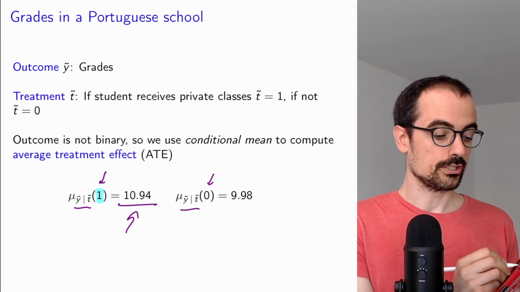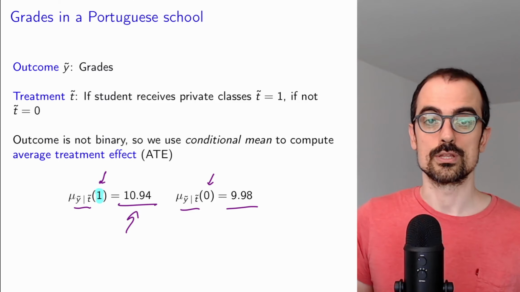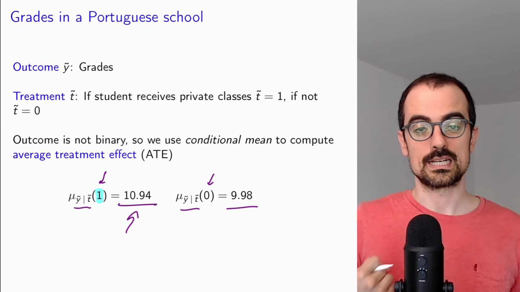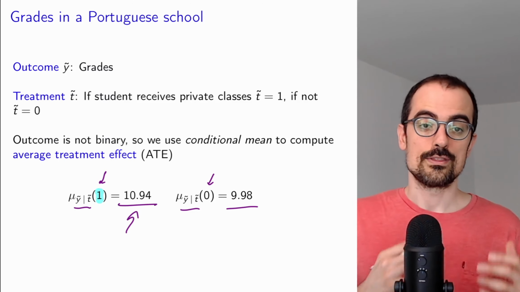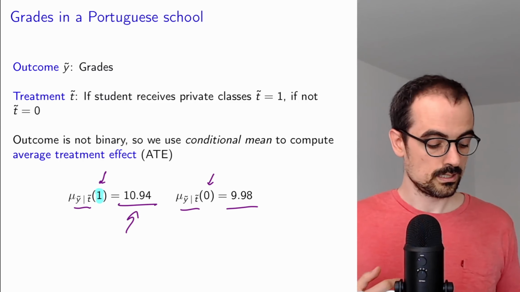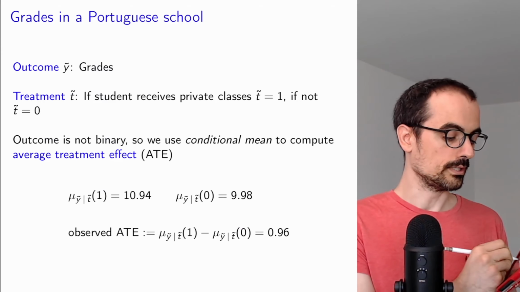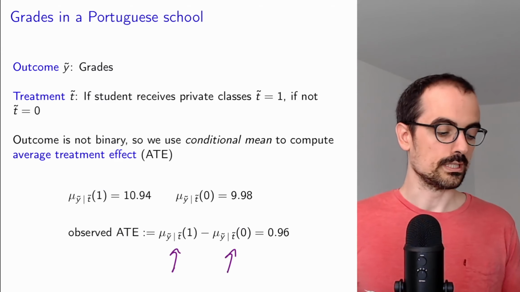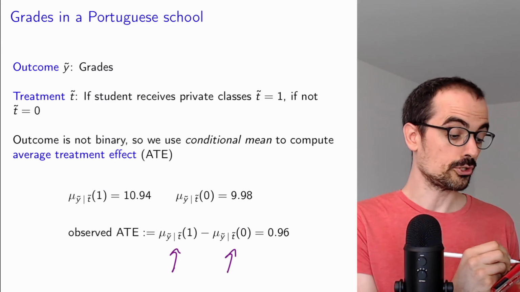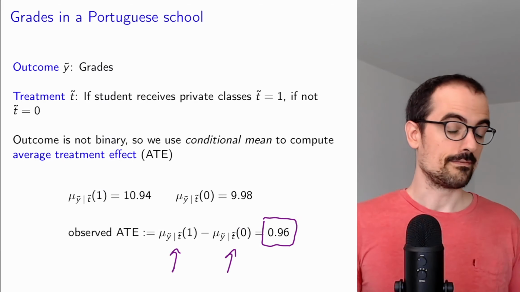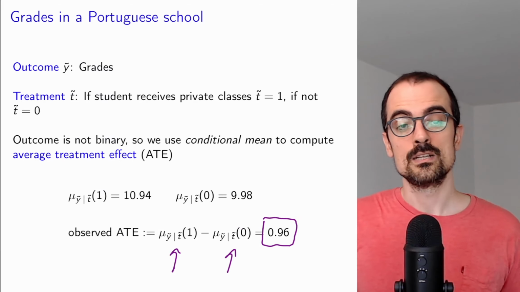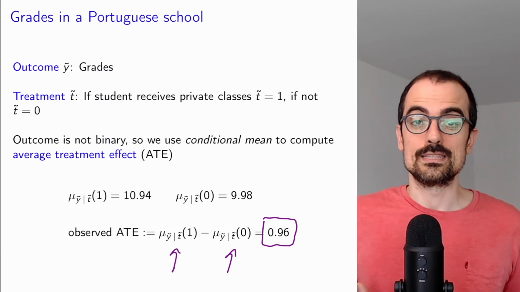When we condition on 0, that's the average grade for the people that did not receive private classes, and it's 9.98. And now the average treatment effect is obtained by subtracting the conditional average when the treatment is 1 and the conditional average when the treatment is 0, and this is the observed average treatment effect in this case. And again, we will see whether we can interpret it causally.